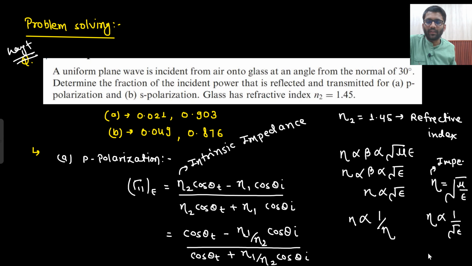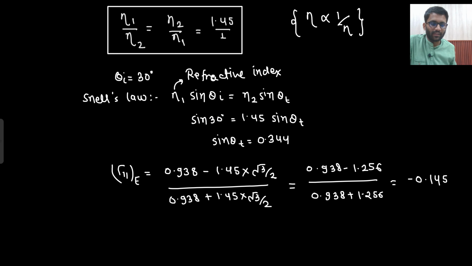What do we need to find? We need to find the power that is reflected and transmitted. So what will be the reflected power? Reflected power will simply be reflected over incident power. What will be the ratio of PR by PI? That would be equal to Γ squared, right?